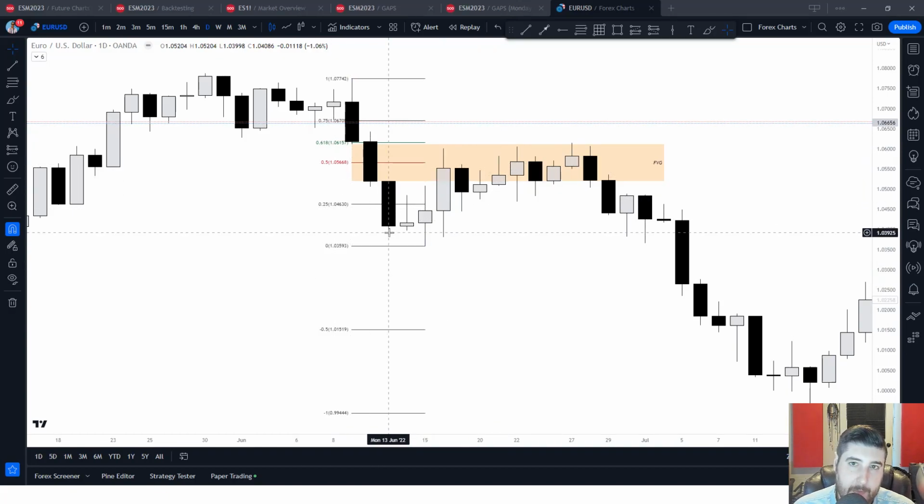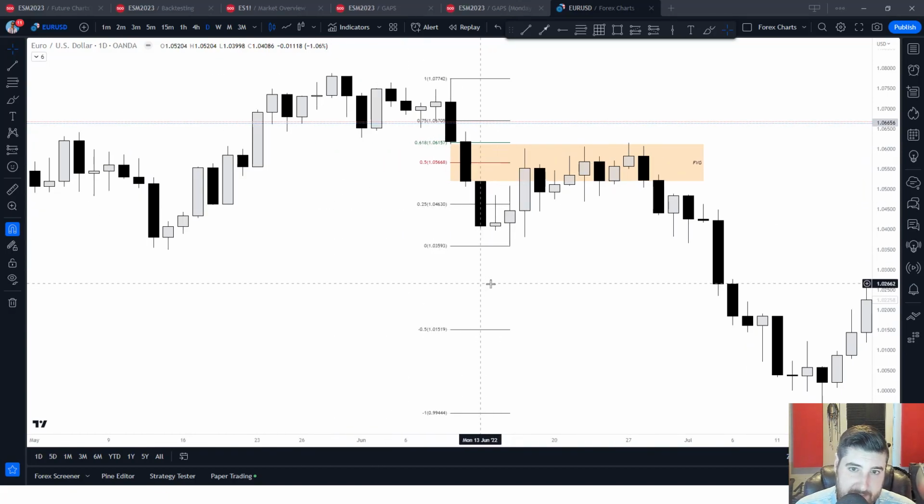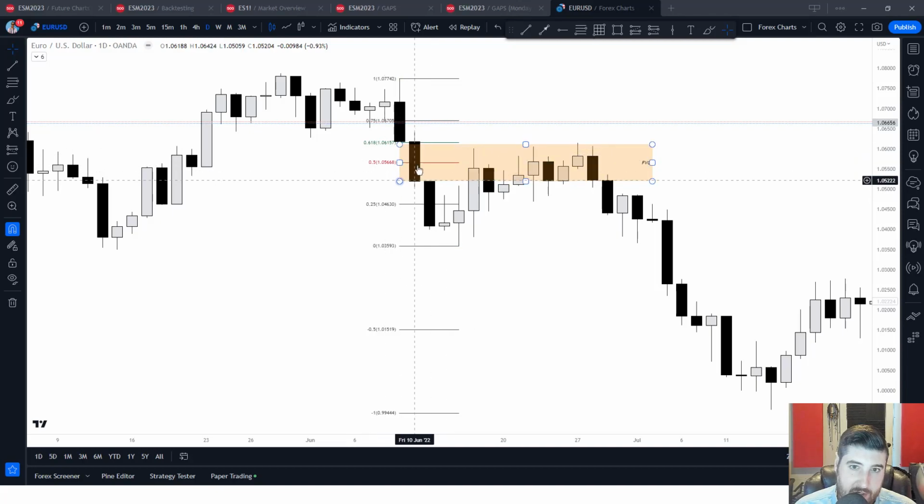But playing into those fair value gaps I was telling you about, how you want to find the certain one. Well, if a pullback goes past 0.75, not all the time, but let's say usually, it's a signal that we're going to break through this. But that 0.618 to the 0.5, that's a good pullback.